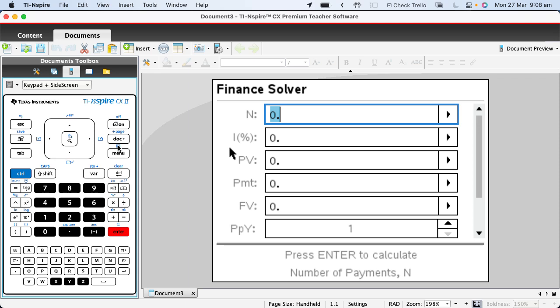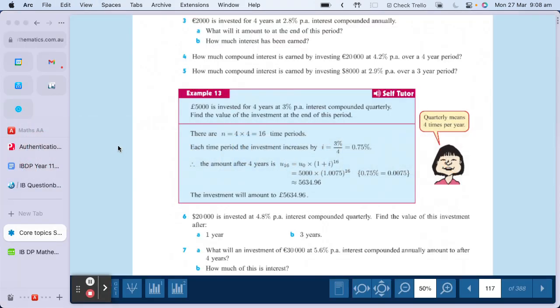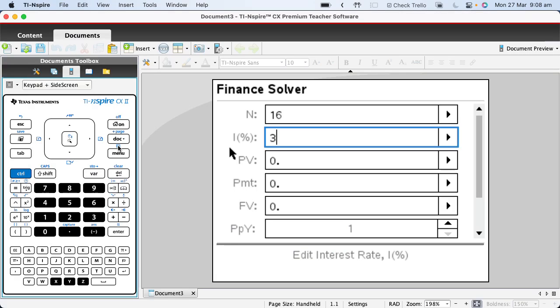So it says how many payments are going to be made. In this case, if you remember, it was quarterly over 4 years, so it's 16 payments. What was the interest rate? Well, you can just leave that as 3%. That's what we were given. It was a 3% interest rate per annum. What was the present value?